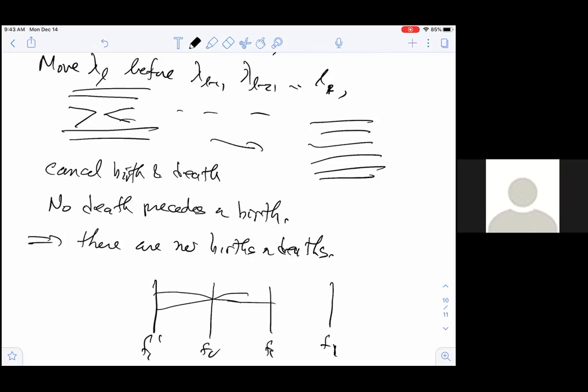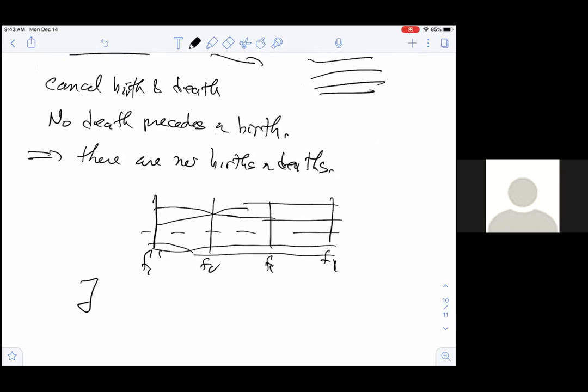Now, of course, they still may cross, but the number is constant. So this is a path then in FIQ. No births or deaths, Q critical points throughout the path, crossings among the critical points of index I plus 1 and between the critical points of index I.